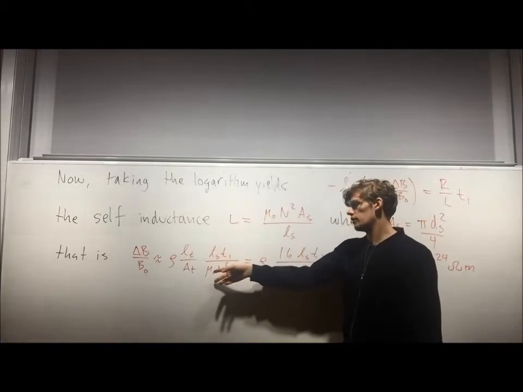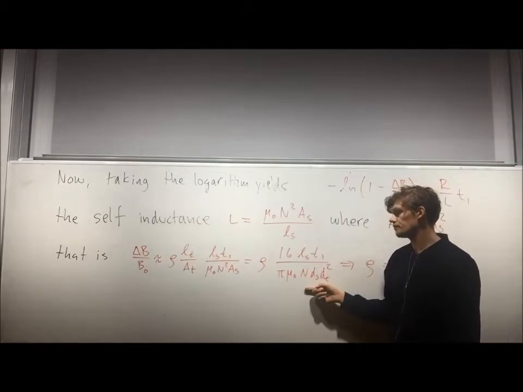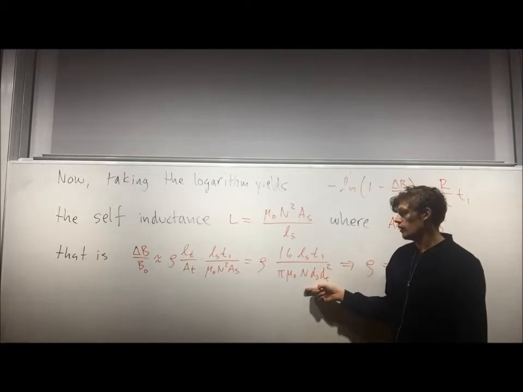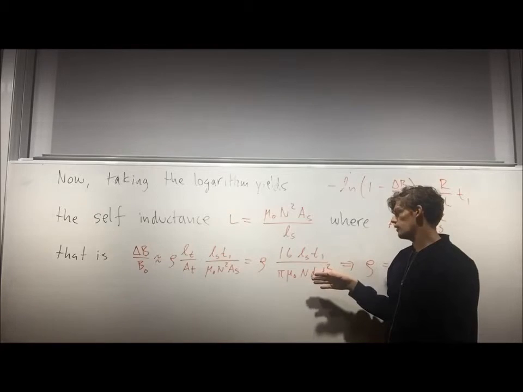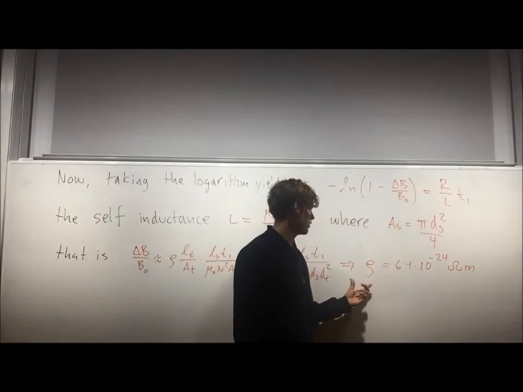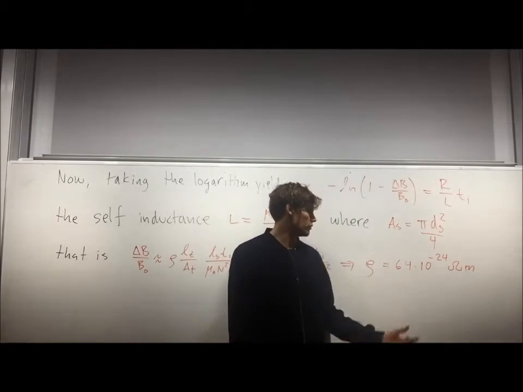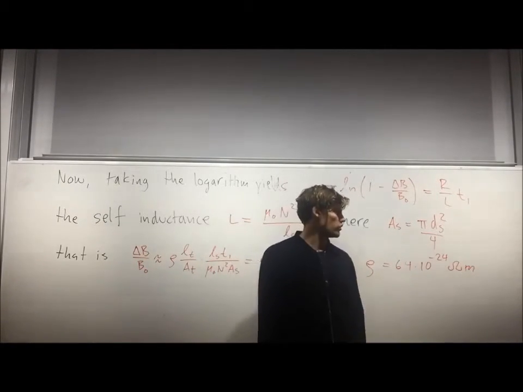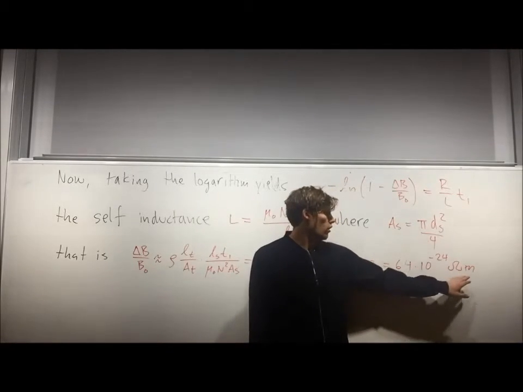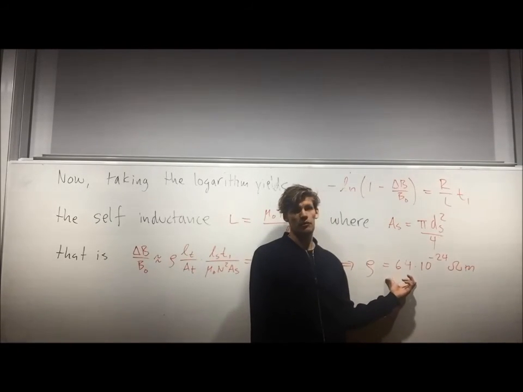Putting in the values as we calculated before, we get a new expression, and from this we can solve what the resistivity must be. Given these equations, we get a resistivity equal to 6.4 times 10 to the minus 24 ohm meters. As you can see, that's pretty low, and this must be the upper limit for this experiment.